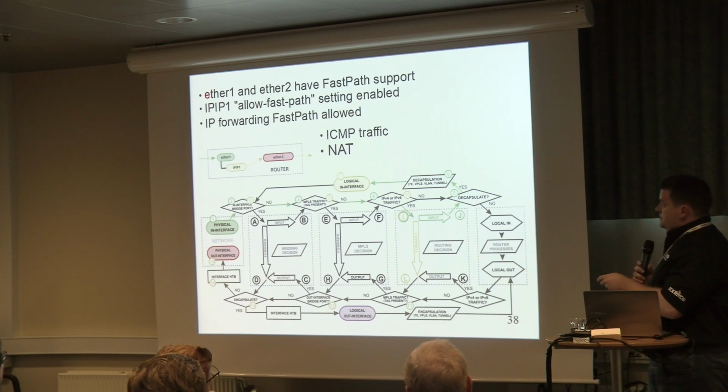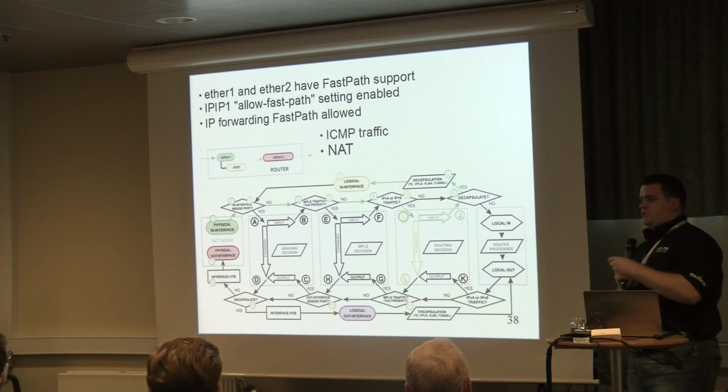Both of these interfaces have FastPass support, and the IP-IP tunnel has the allow FastPass setting enabled. So you have IP forwarding with FastPass allowed, you have ICMP traffic, and you have a NAT, so masquerade or something like that. So who thinks that this setup will work in FastPass?